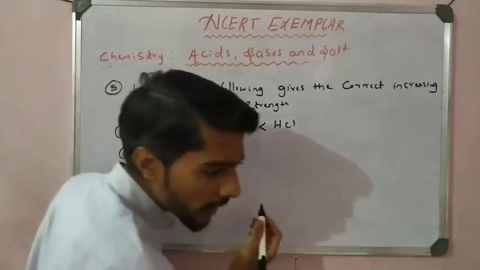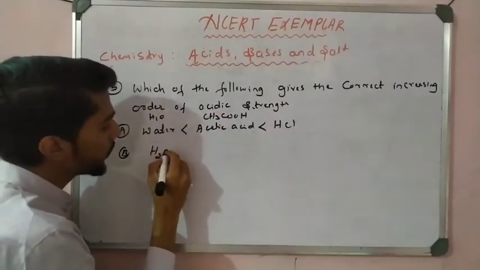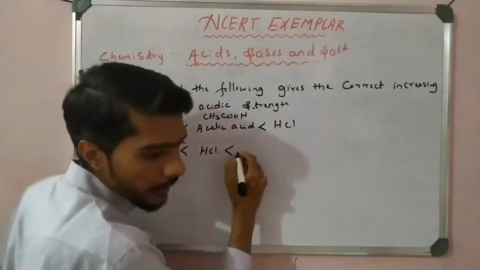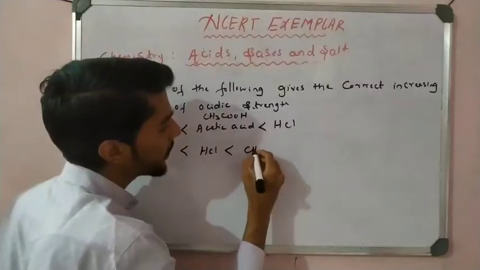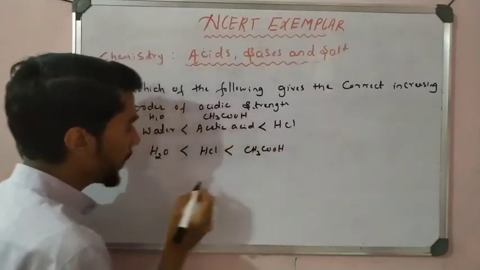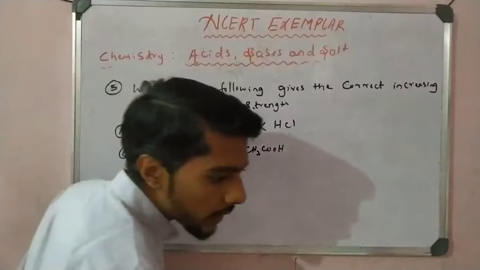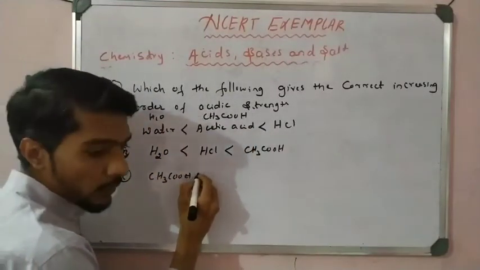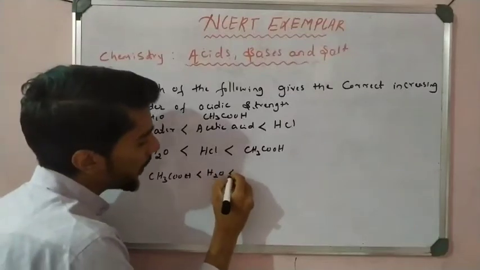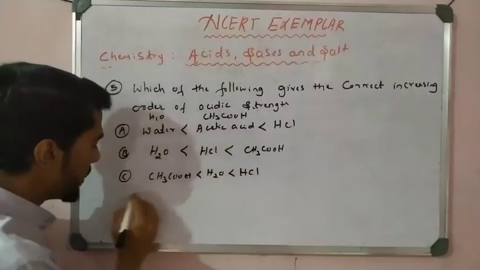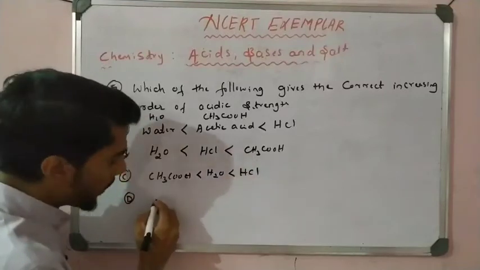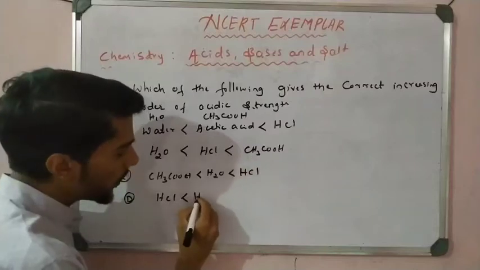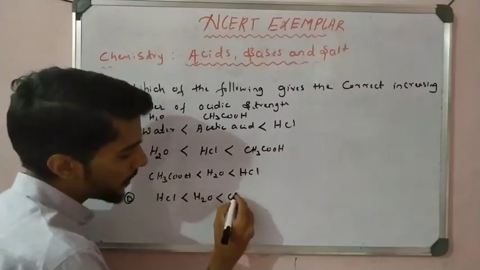So I can write the shortcut here: H2O, then HCl, and then acetic acid, CH3COOH, like that. Or the third option: acetic acid is less acidic than water and water is less acidic than HCl. Okay, this is correct. Or maybe this D option: HCl, water and acetic acid.